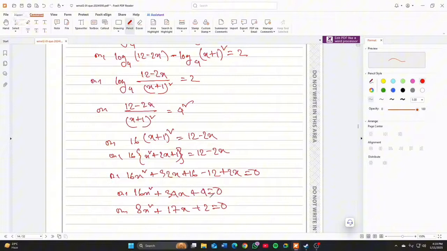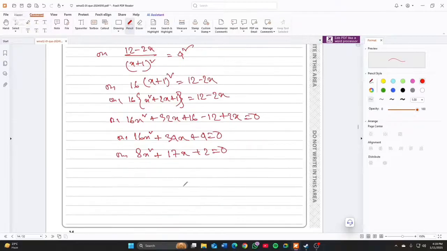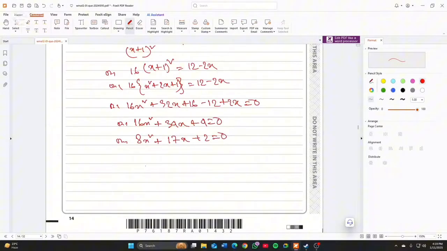Now if we want to find the value of x, we can see that this doesn't give us middle term breaks. We have to use the quadratic equation formula, which is x equal to minus b plus minus root over b square minus 4ac all divided by 2a. Here b is 17, so minus 17 plus minus root over 17 square minus 4 times a which is 8 times c which is 2.